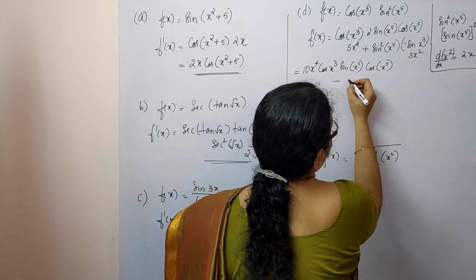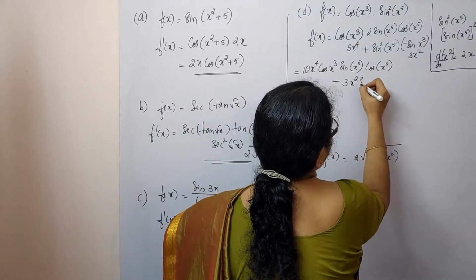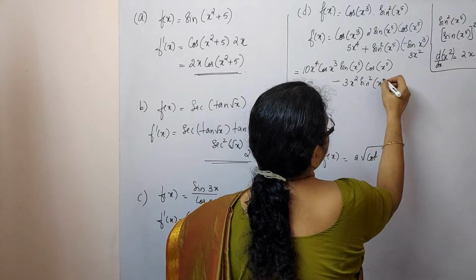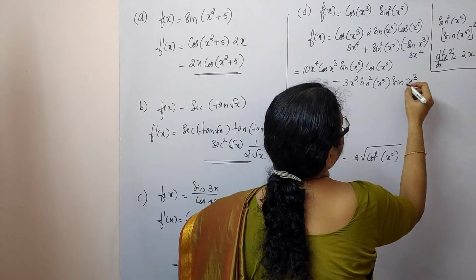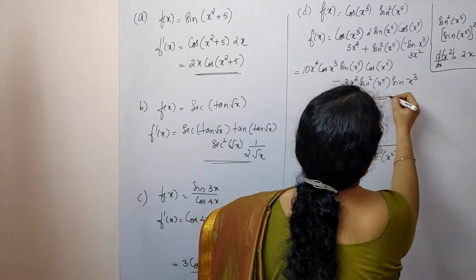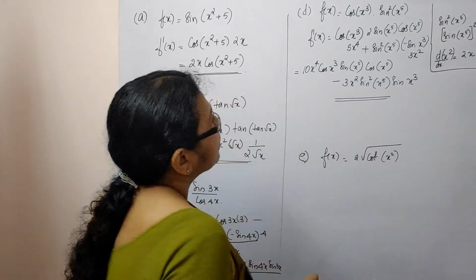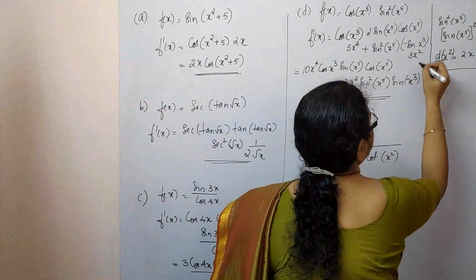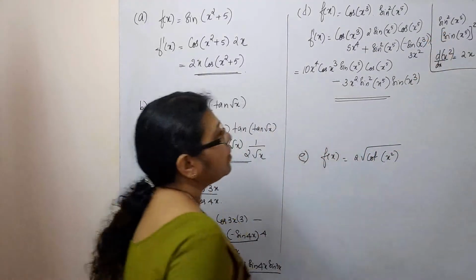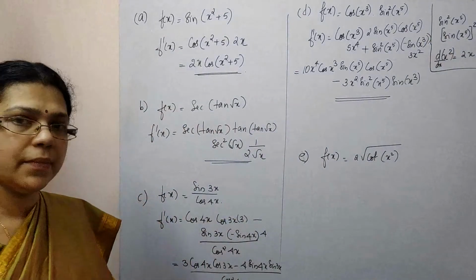Then there is a minus here, so minus 3x square into sine square x raised to the power of 5 into sine x cube. Am I clear? Sine of x cube, we can write it in brackets. That will be much simpler.